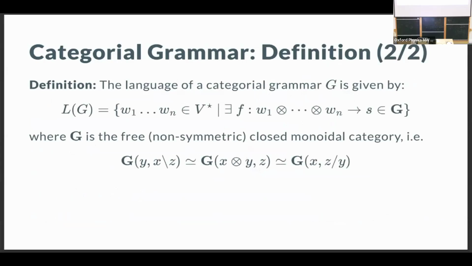So for each word, you have a type. And then the only morphisms that you have come from this currying. So if you have x tensor y to z, you can flip the x input to the output with this isomorphism on the left, or you can switch the y input to an output in this way.